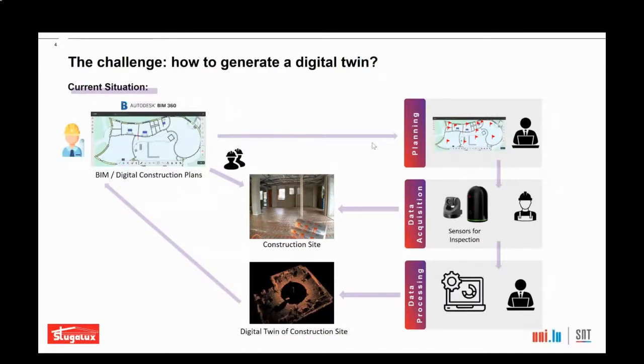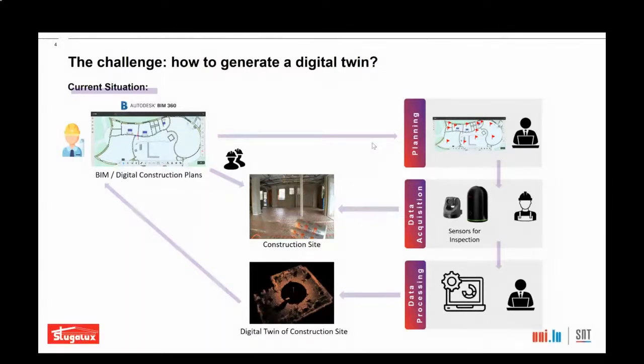However, as you can see here, at the moment this is still mainly a human-guided process. That means first you have the planning, where it needs to be planned from which points the scans are done. This is then what Joël was mentioning with the pen and pencil.